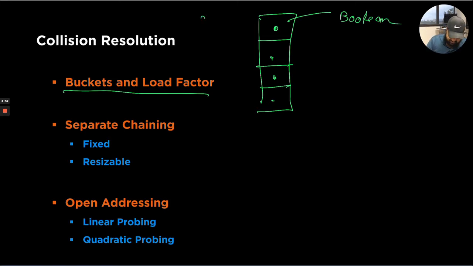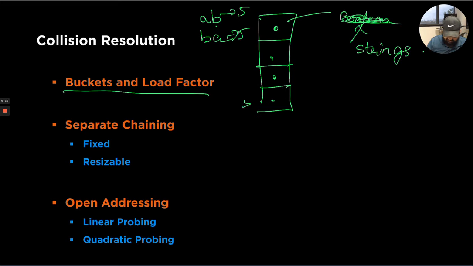Let's say we had this example of AB and BA. Instead of storing booleans, we can store strings. AB generated 5 and BA generated 5. So at index 5, or the fifth bucket, we are storing the string itself, which is AB.